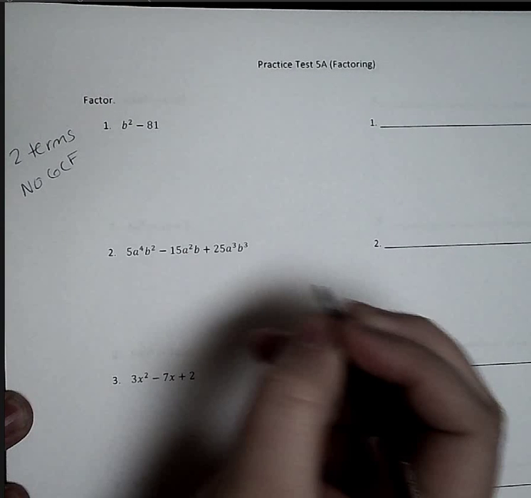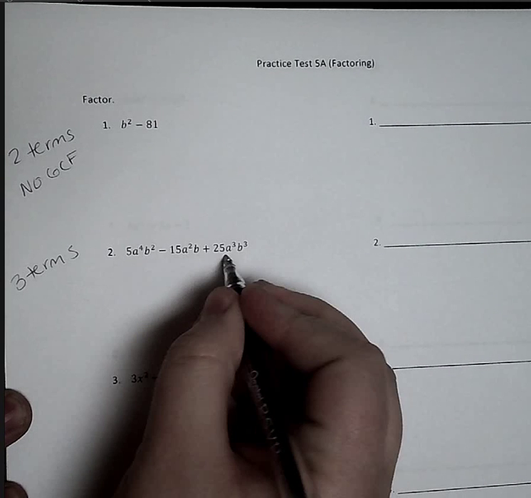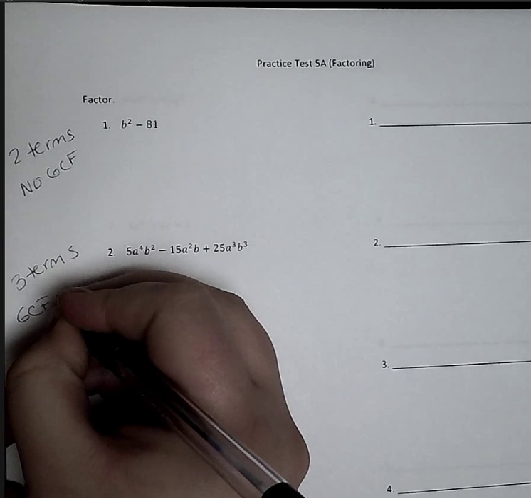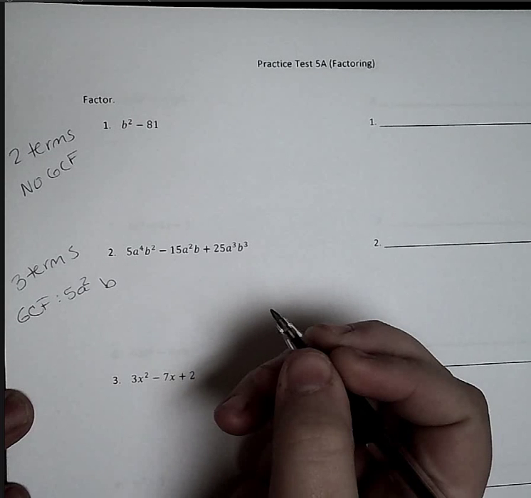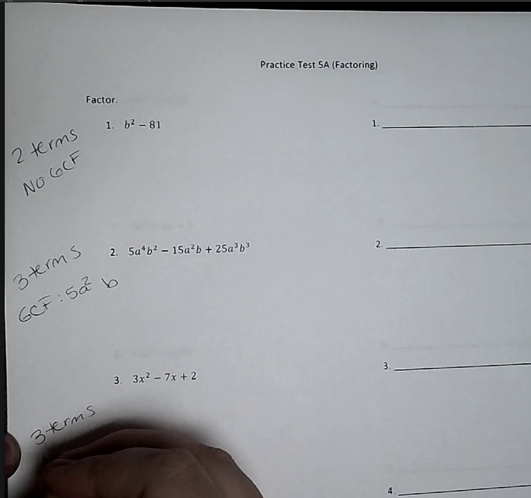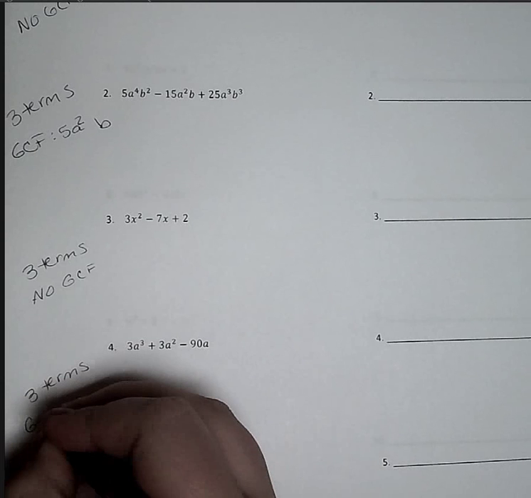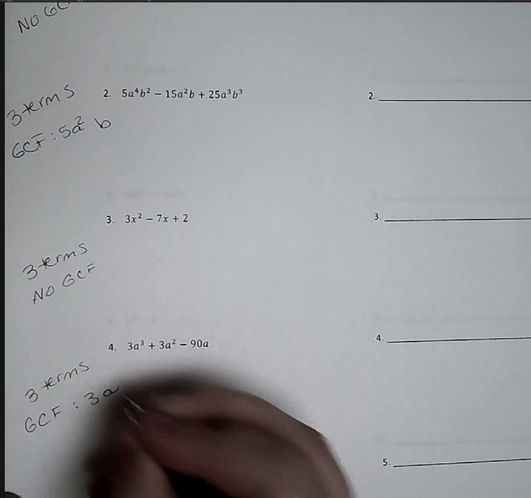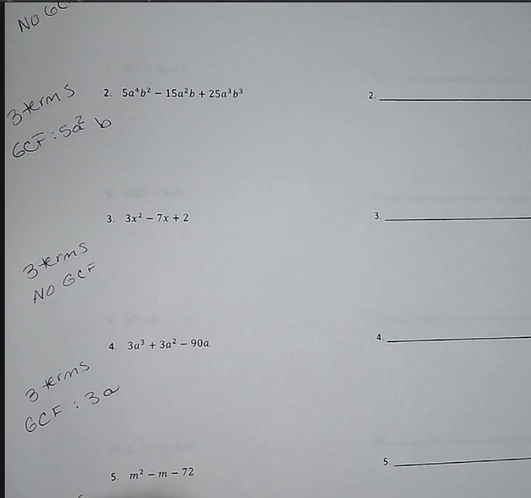This has 3 terms, and your GCF is going to be 5a squared b, and we'll talk about that. 3, there are 3 terms and no GCF. 4, there are 3 terms and your GCF is 3a. Number 5, there are 3 terms with no GCF. So we'll do this on each page.